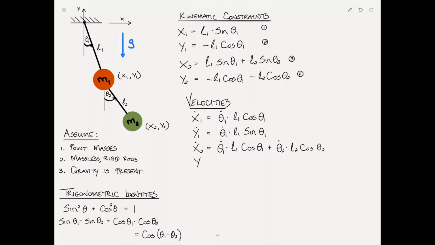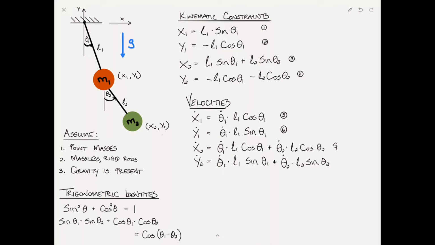And then finally, y2 dot is equal to theta 1 dot times L1 sine of theta 1 plus theta 2 dot L2 sine of theta 2. And let's number these 5, 6, 7, and 8.